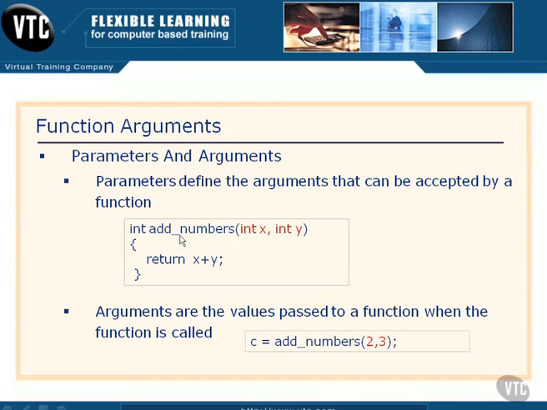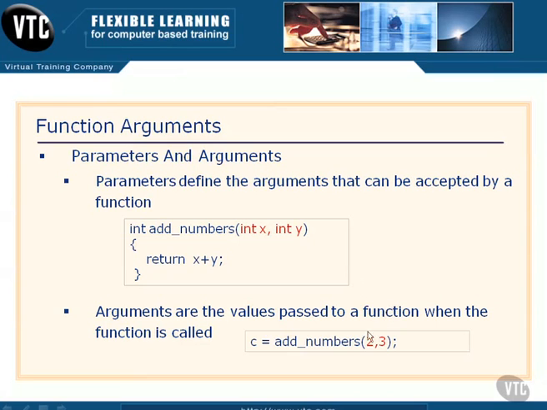So I've got two parameters here with add numbers, one integer that I'm calling x and one integer that I'm calling y. Now really all I'm defining here is that when you call this, I want you to pass me two values of the type integer, and I'm going to pass those in and use them.